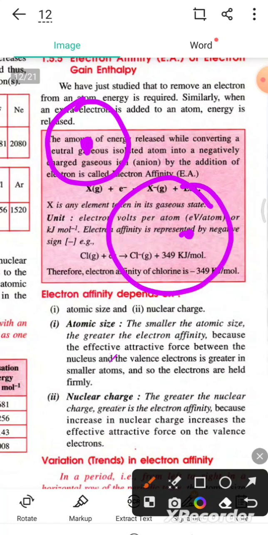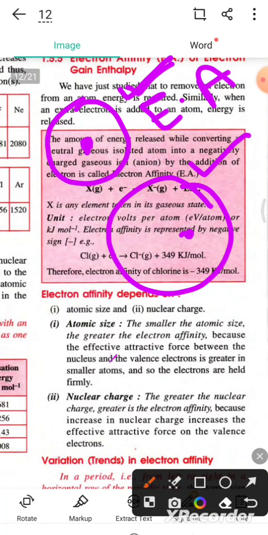Okay, now let us try to understand atomic size. Here you can see the atomic size is less, here the atomic size is more. When the atomic size is smaller, the electron affinity will be greater. Why? When the atomic size is less, the ionization potential is more.